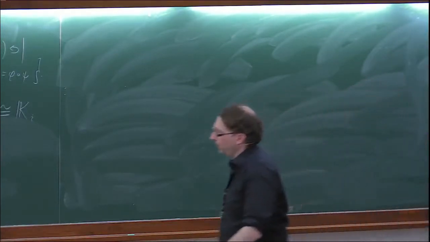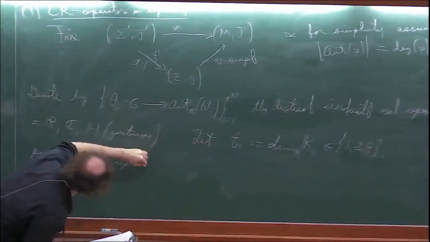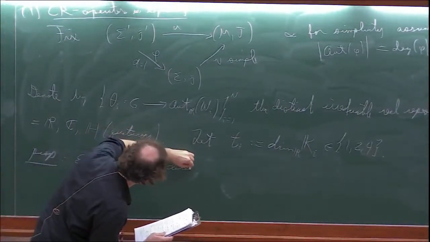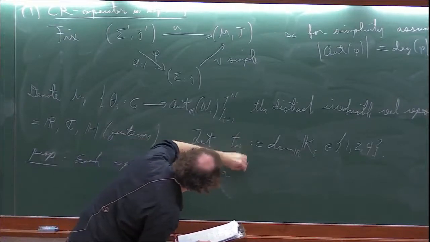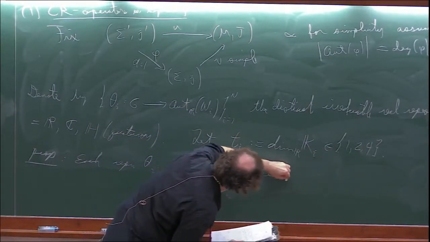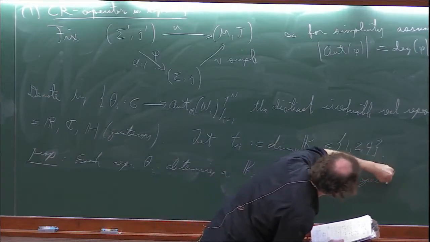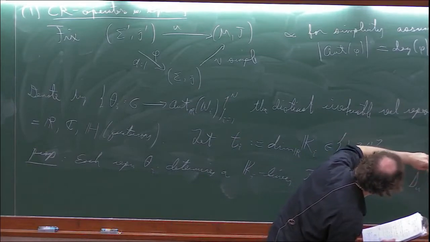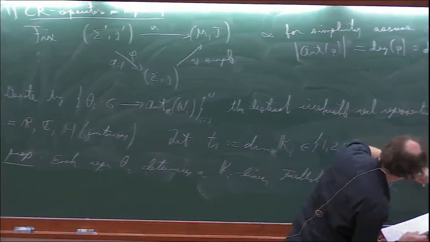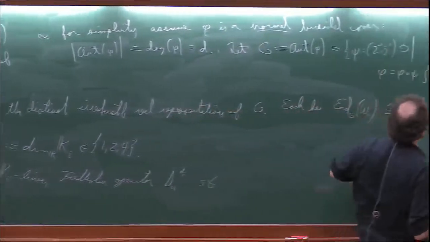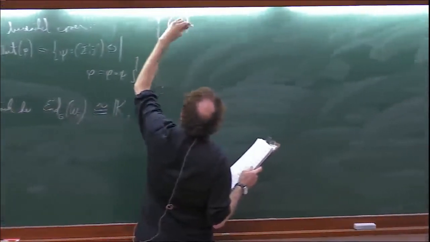So I'm going to describe now the extra structure that your normal Cauchy-Riemann operator has for multiple covers. Each of these representations, theta_i, determines a K_i-linear Fredholm operator, which I'm going to denote by D_u superscript theta_i, such that we get the following splitting, which I'll denote with a star.